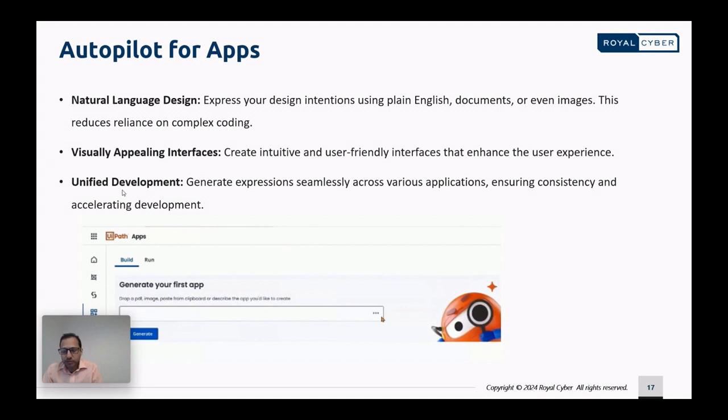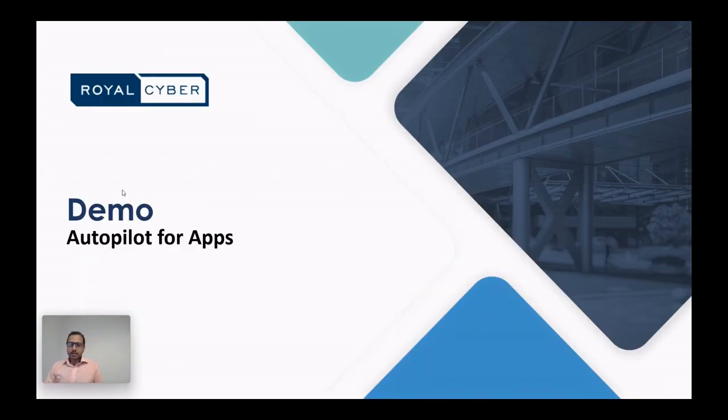So developers or even citizen developers can express their design intentions textually or visually, leading to diverse and user-friendly interface designs. Furthermore, the opportunity to generate expressions across all apps ensures a unified and accelerated development process. So let's understand it by a demo.